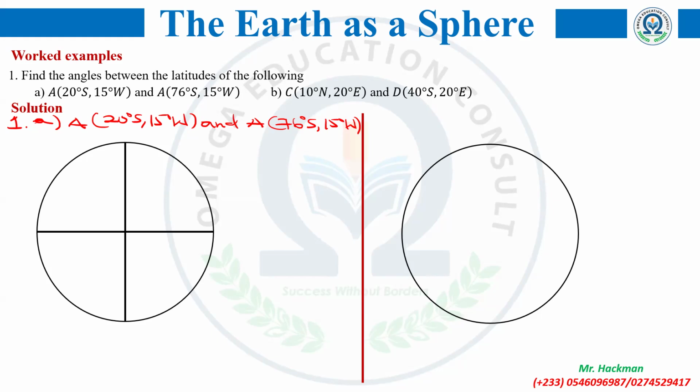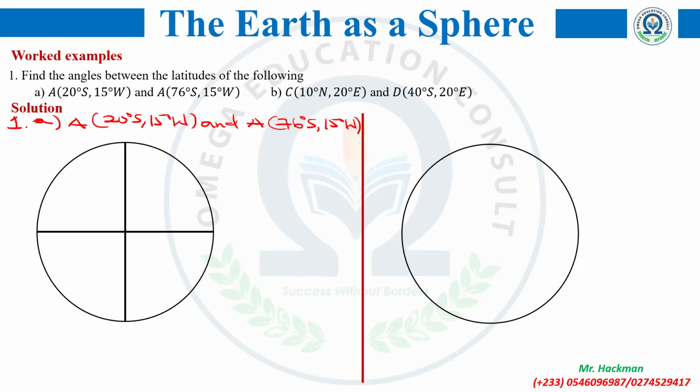Okay, now let's see. If you look at the two points, what do they share or have in common? Is it latitude or longitude? The whole class, look at the two points carefully. What do they have in common? Do they have a common longitude, which is 15 degrees west? Is that not it?